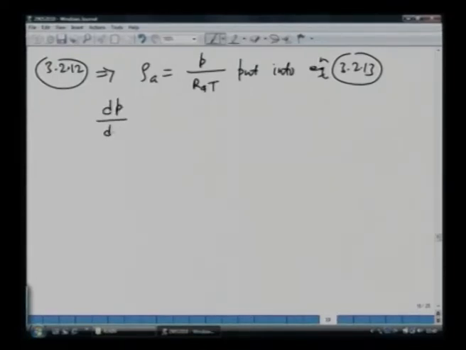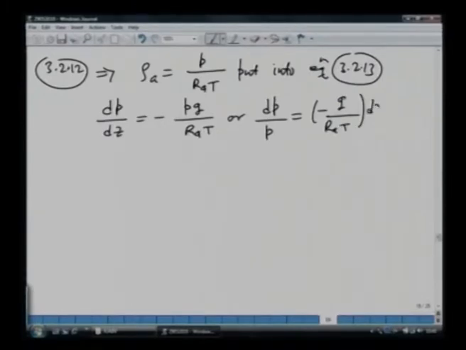If you did that, this is what you will get: dP over dz is equal to negative of P g over R T. Or if you separate the variables so that we can integrate, what we have is dP over P is equal to negative g over R T dz. I have slightly rearranged this equation on the left hand side.